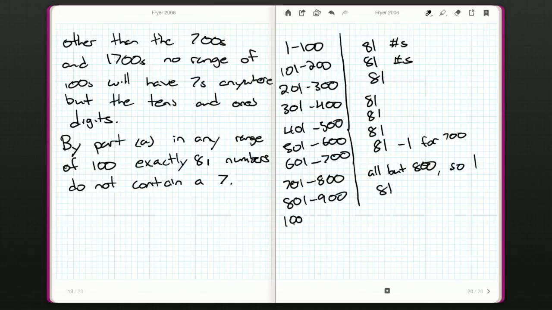Oh, no, we're not at the thousands yet. 901 to 1,000. Still not going to have any leading 7s or 7s in the hundreds or thousands places. So it's always still up to the 2-digit numbers at this point. Until we hit 1700, which we'll have to do on the next page.